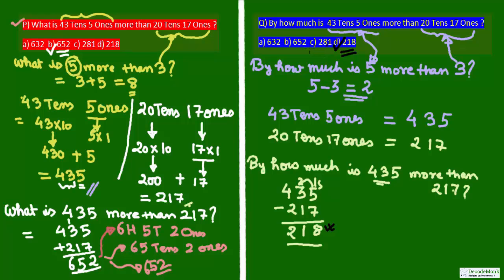So what I mean to say is that arriving at the right answer depends on understanding your question properly. This 218 can also be written as 21 tens and 8 ones, or simply 218.